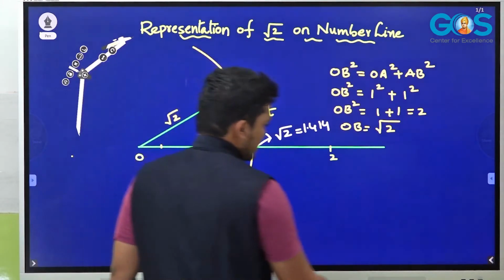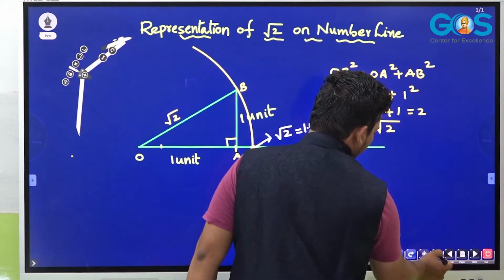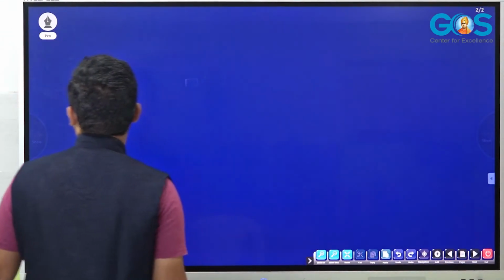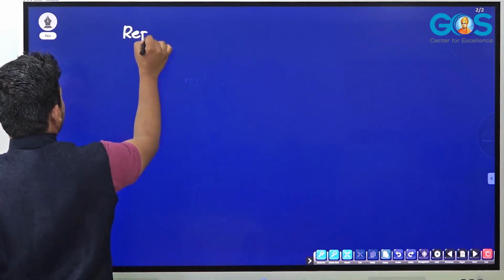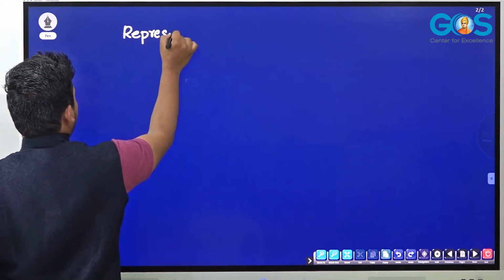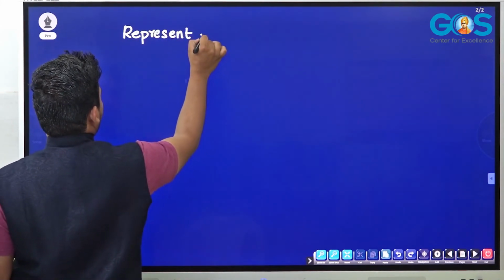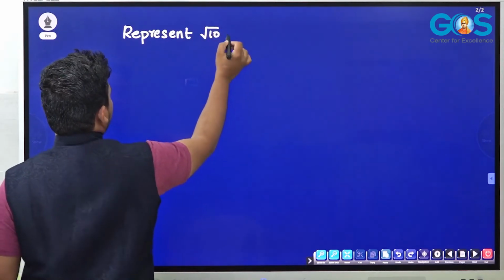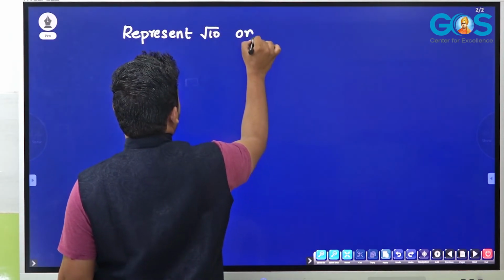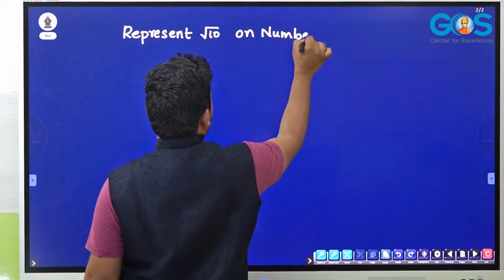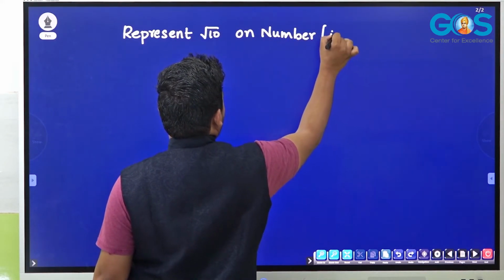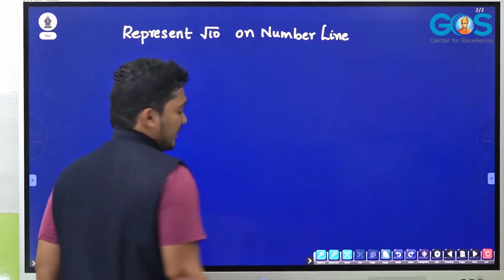Next, let us go for one more important problem. Represent root 10 on the number line. How to represent root 10 on the number line?